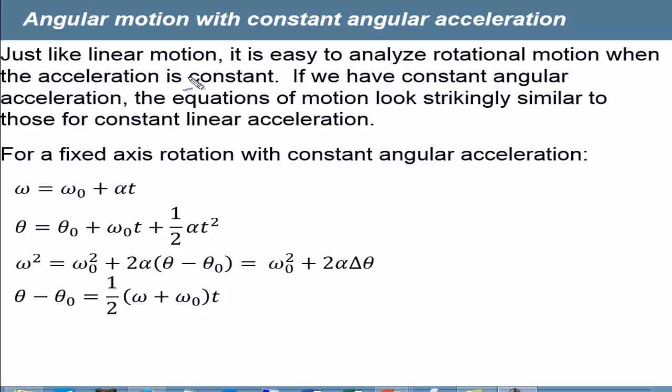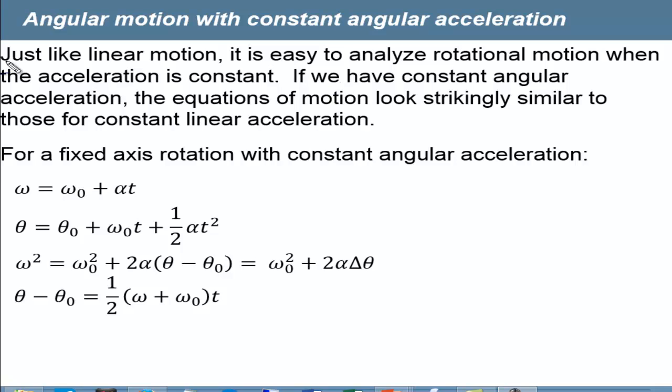So just like linear motion, it's easy to analyze rotational motion so long as we have constant acceleration. Just like we developed the kinematic equations for linear motion when we had constant acceleration, we can develop strikingly similar equations for the kinematics of rotational motion as long as the angular acceleration is constant.